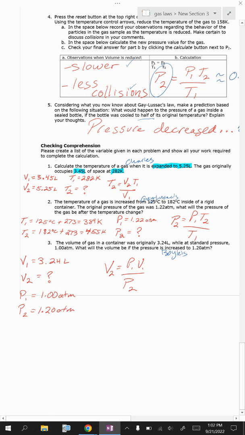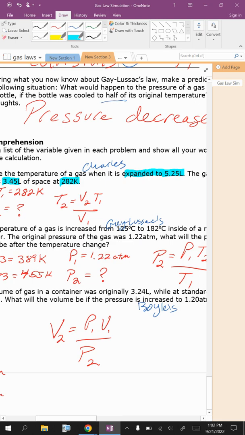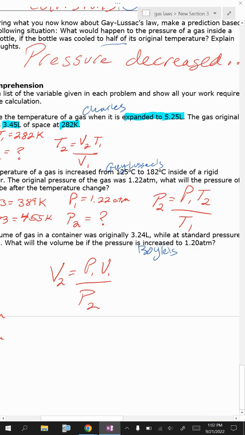So I looked on my table of equations and I chose to find final temp, T2. And I'm substituting in 5.25 liters times 282 Kelvin divided by 3.45 liters.